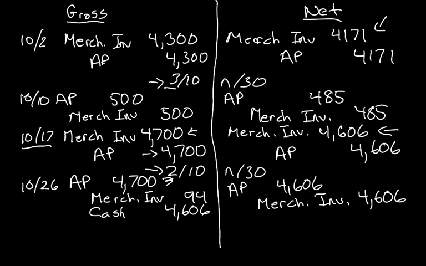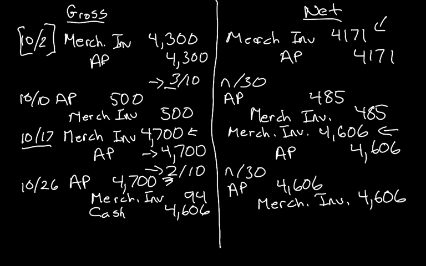Now, finally, on October 31st, we're going to pay for the merchandise we purchased on October 2nd. This transaction here. Paid on the merchandise inventory October 2nd. Payment was delayed because the invoice was mistakenly filed for payment today.